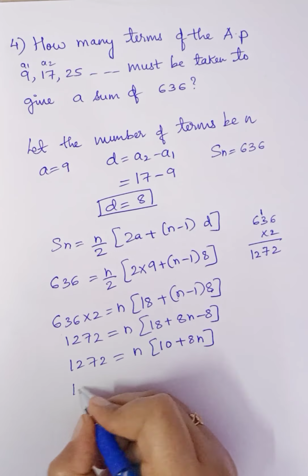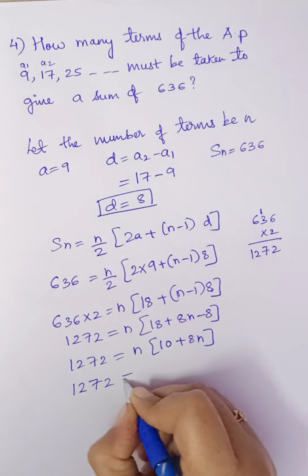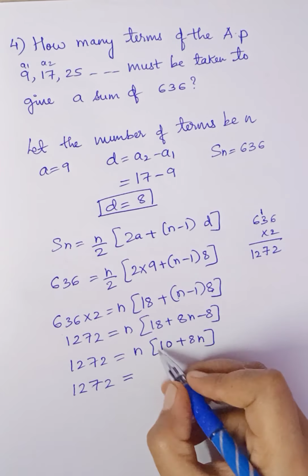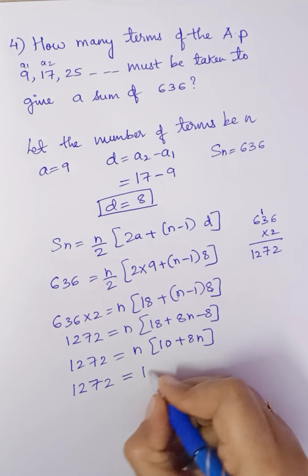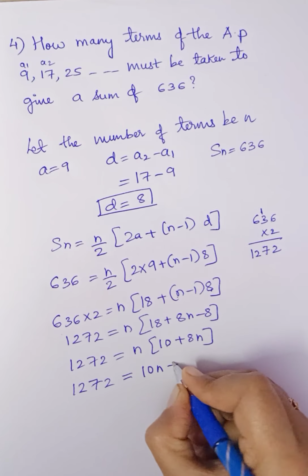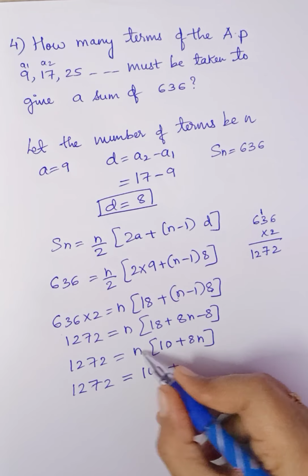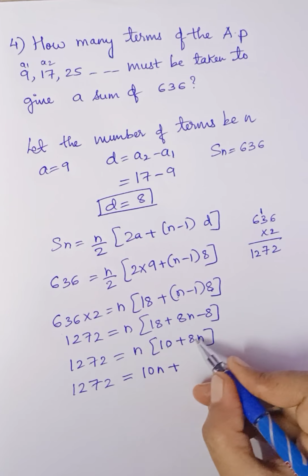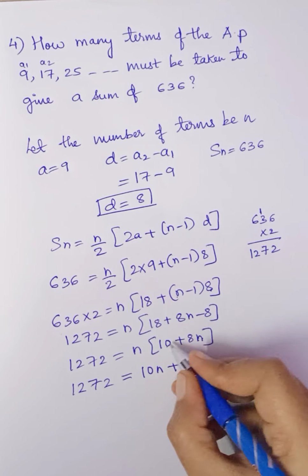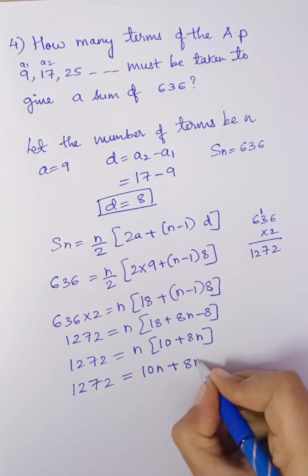Now 1272 is equal to, multiply n into this bracket. So 10 into n is 10n, plus n into 8n. n into n becomes n square, so it is 8n square. So this is the equation we have got.